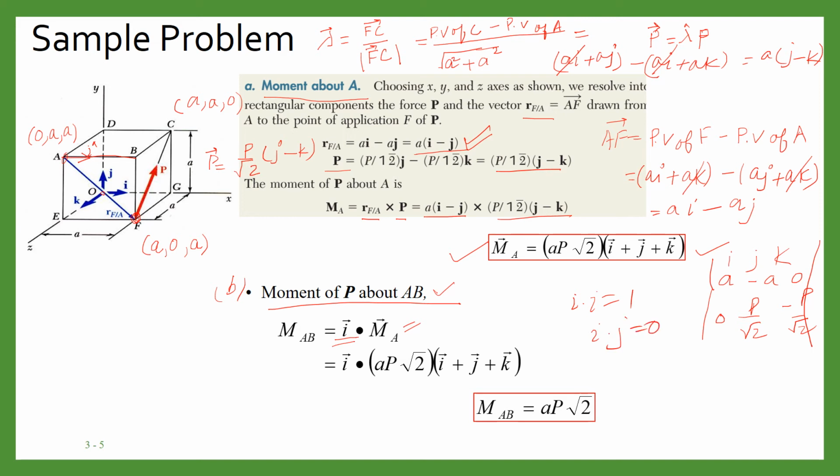So when we take a dot product, only the components in i direction will remain. That is, this is i and this is M_A. So this term will be 0, this term will be 0. So we get the term only in x direction, that is M_AB will be equals to aP by root 2.